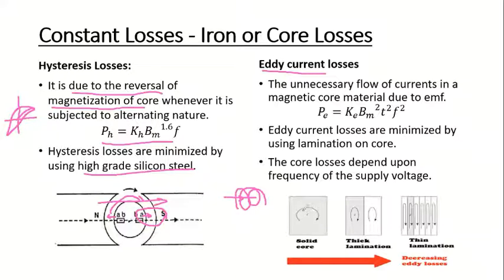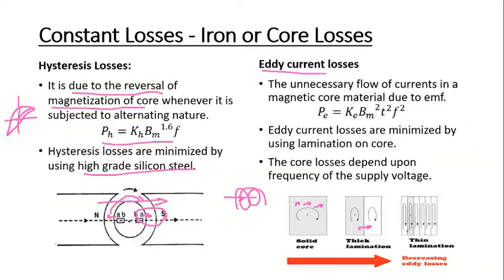So the flux induced, or RMF produced, at the stator will never cut the rotor because of the unnecessary flow of currents in the magnetic core. These are nothing but unnecessary currents. This can be minimized by using lamination. This is a thick lamination. There is no interaction between two currents here.